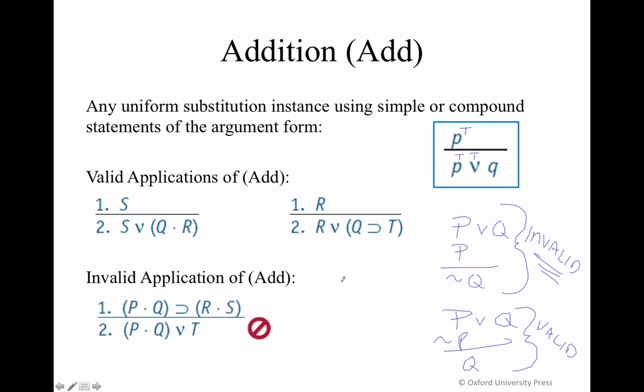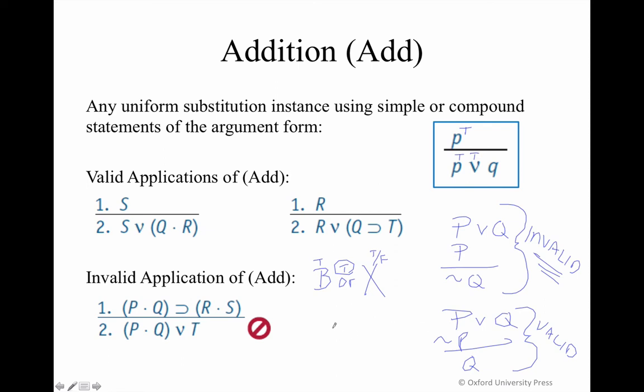If I say Barack Obama is president, then it's true that Barack Obama or somebody else is president, right? As long as one of the disjuncts is true, the sentence as a whole could be true. And it doesn't matter whether the other side of the disjunct is true or is false. It could be either one.